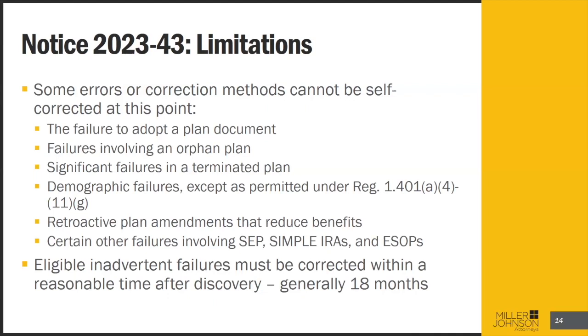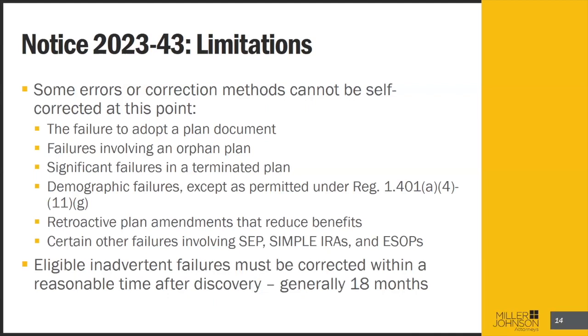The way this comes up usually is like a bonus error. You may have coded bonus payments as includable in compensation, but you didn't count them in calculating deferrals and employer contributions.